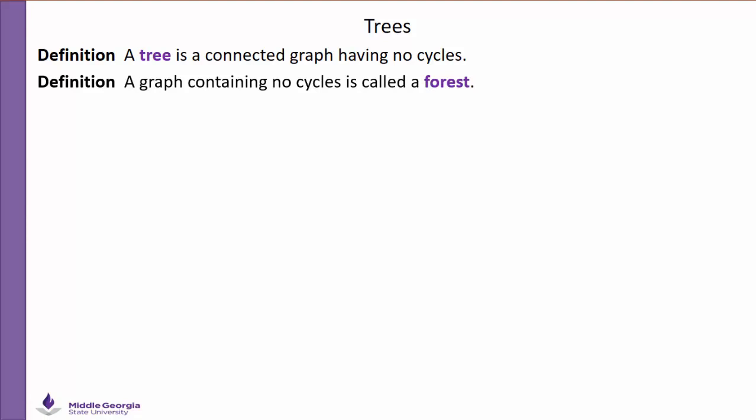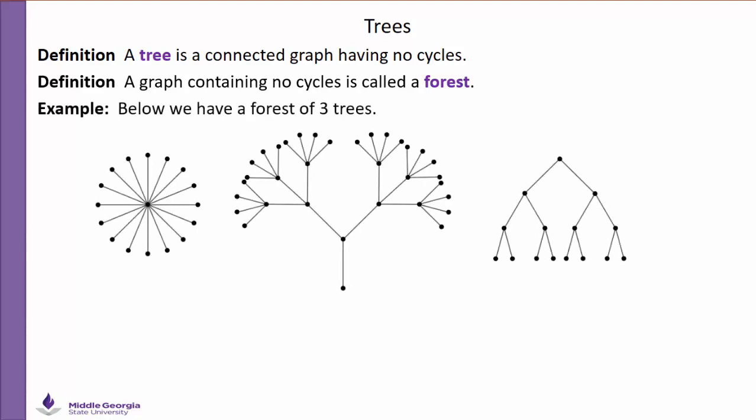Now look at the difference in those two definitions. A connected graph with no cycles is a tree, but any graph with no cycles is called a forest. So a forest can have disconnected pieces. For example, below we have a forest of 3 trees.